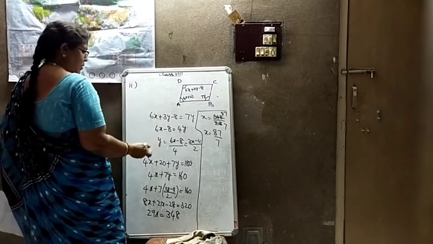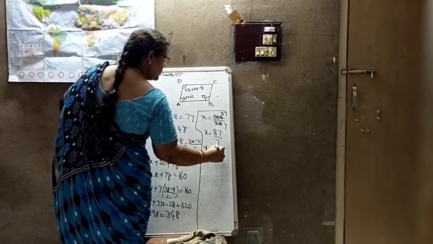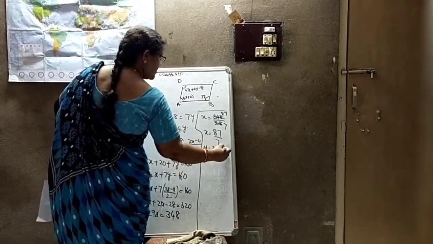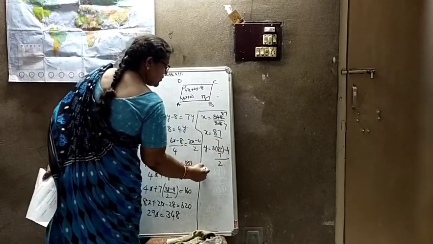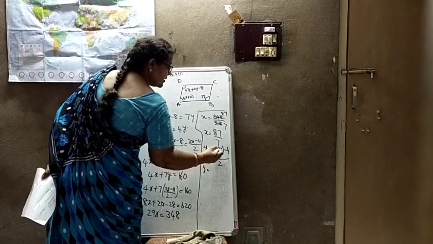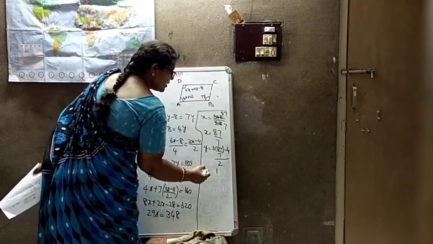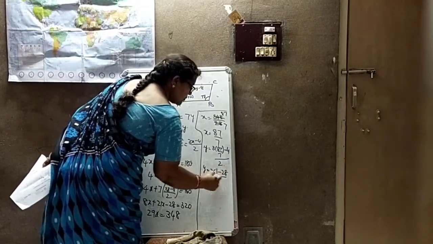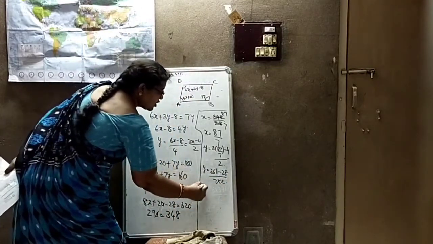Substitute in the y value. So y is equal to 3 into 87 by 7 minus 4 by 2. This is also a fraction coming.